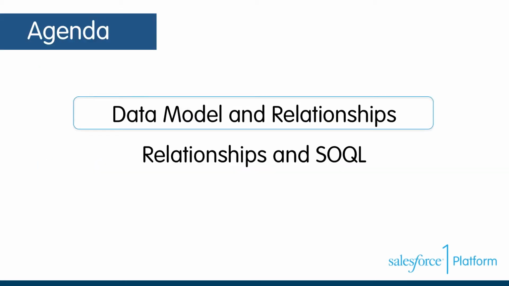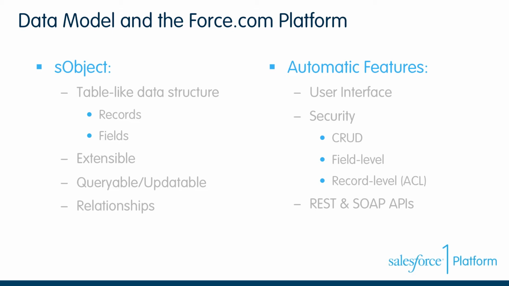So let's dive into the first part on data model and relationships. In the Force.com platform, we talk a lot about S objects. There are more general purpose objects in Force.com, just code-based objects, classes in our programming language.